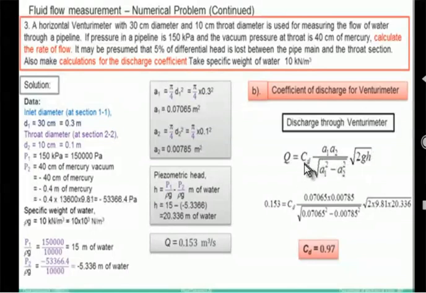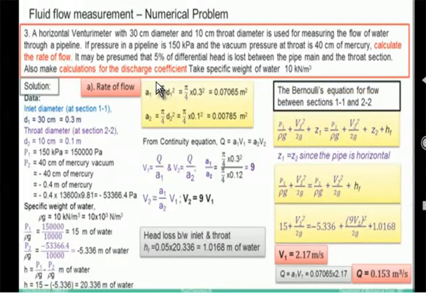So the only unknown thing is CD. Substitute all the values and calculate it. We will get that CD is equal to 0.97. Again, the coefficient of discharge of a venturimeter lies between 0.95 to 0.99. So CD is equal to 0.97. This is our second required answer.